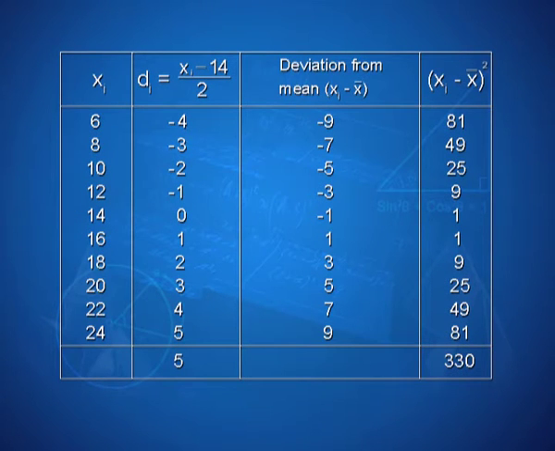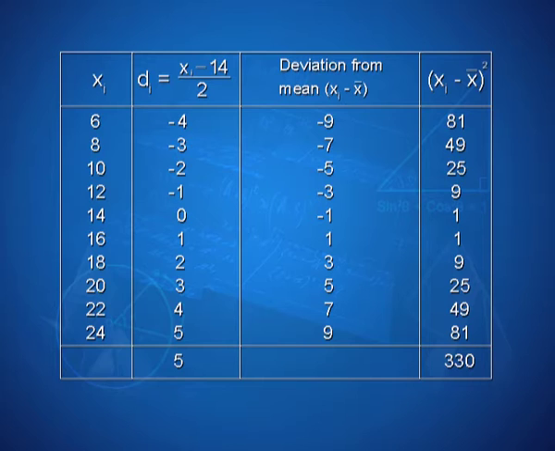We make this table. The first column represents xi, the second column shows the deviations calculated as xi minus 14 upon 2. We have the values minus 4, minus 3, minus 2, minus 1 and so on, and we calculate the sum also as 5. The third column shows the deviations from the mean, xi minus x bar.